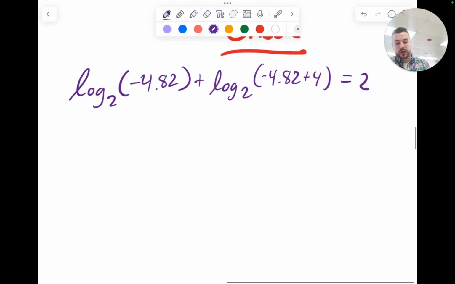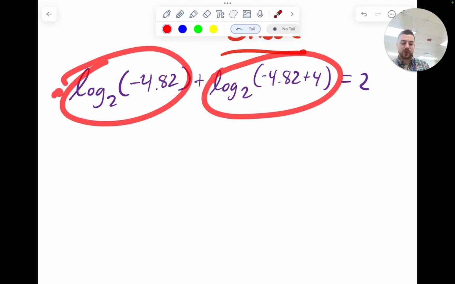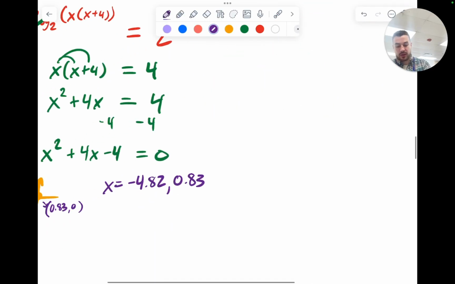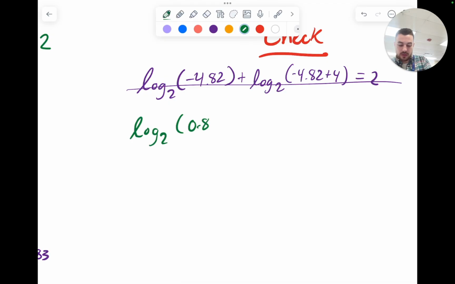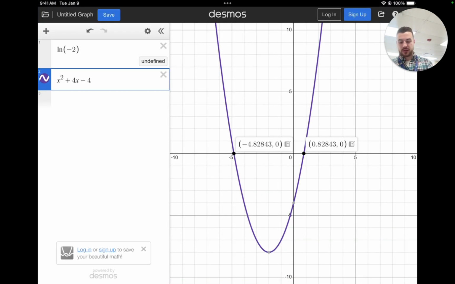And if we notice, what happens here is that we're trying to take the log of a negative, and this will also be negative, which we cannot do. So therefore, this does not work, and this is not actually a solution. Now, we can try our other value that we got, 0.83. And let's double check our work.